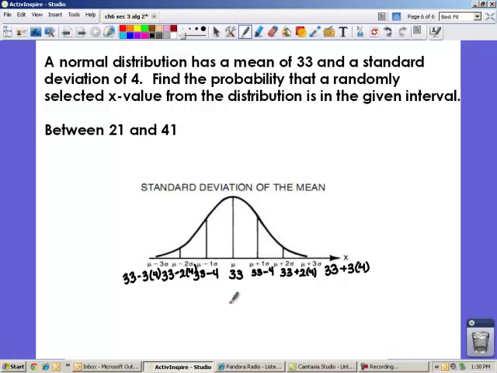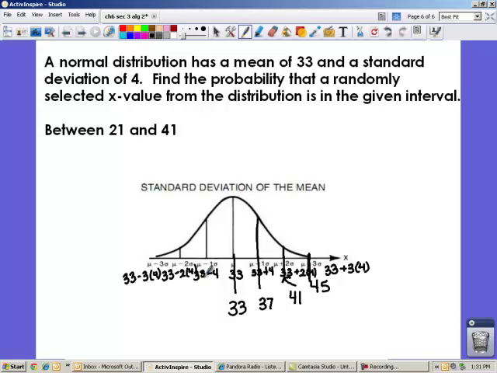Okay, so the middle stays the same. 33 plus 4 is 37. 33 plus 8 is 41. Okay, so we're looking at this line. And over here we have 33 plus 12, and that is 45. Okay, so we're talking about there.